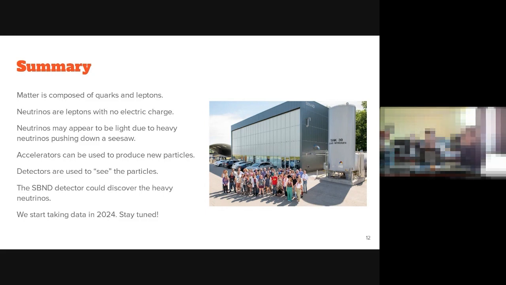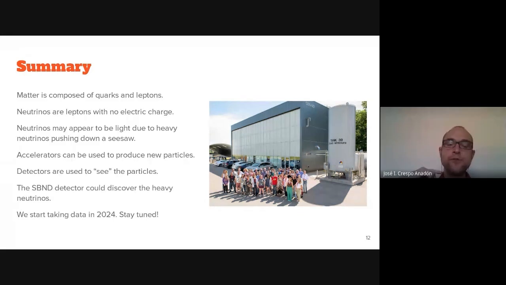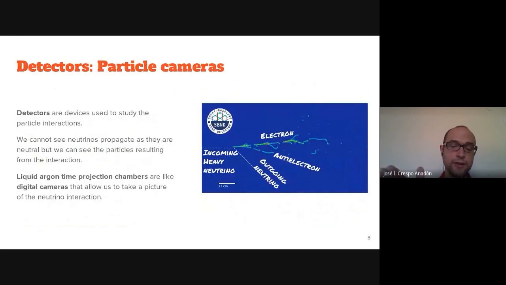How does a magnetic field affect a heavy neutrino? Heavy neutrinos, because they have no electric charge, will not be affected by either electric or magnetic fields. They just go straight.